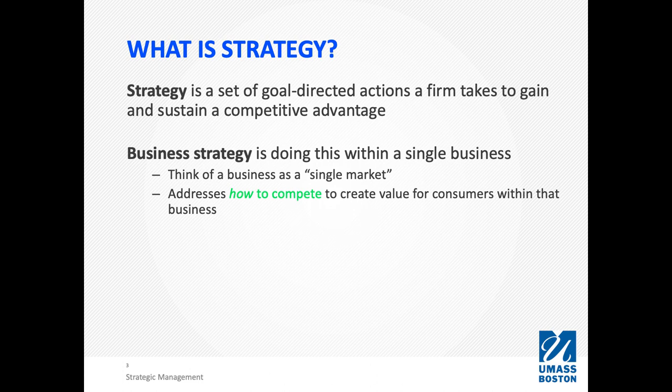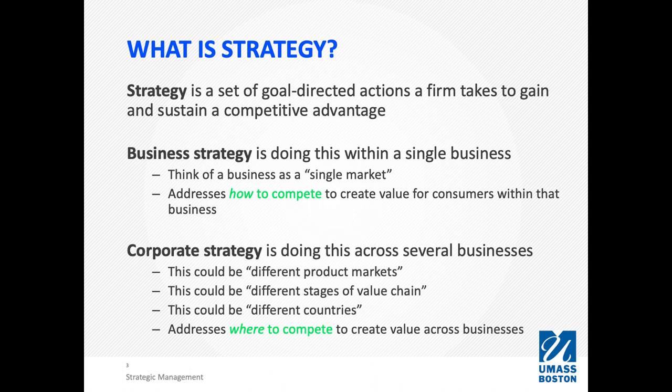Think of a business in this case as a single market, and we're really thinking about how to compete to create value for customers. Okay, we are now moving into what you would call corporate strategy, where you're thinking about where to compete, both in terms of product markets, value chain, and locations.